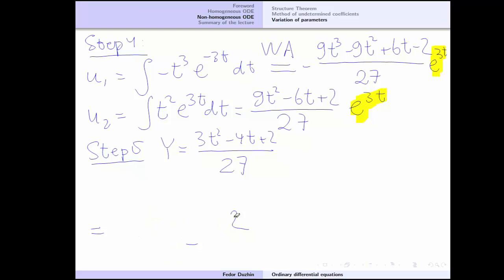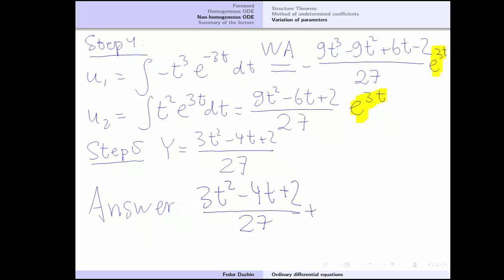But then it means that the final answer, which is the general solution, is going to be this particular solution, 3t squared minus 4t plus 2 over 27, plus some combination of c1 e to the minus 3t plus c2 t e to the minus 3t. So this is the general solution of the non-homogeneous equation, and that's the final answer.